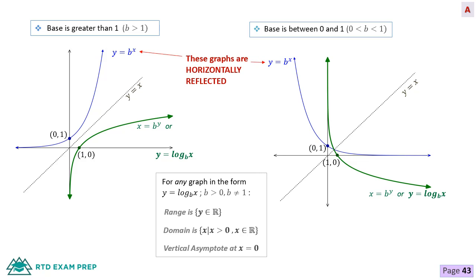So in both cases, there will be a y-intercept of 1 that becomes an x-intercept of 1, but you can see how the reflections of the graph look a little bit different here. With a logarithmic graph, we're starting down in quadrant 4, and as we move right, it's actually moving up into quadrant 1, whereas in the base between 0 and 1, we're starting up in quadrant 1 and falling down into quadrant 4.